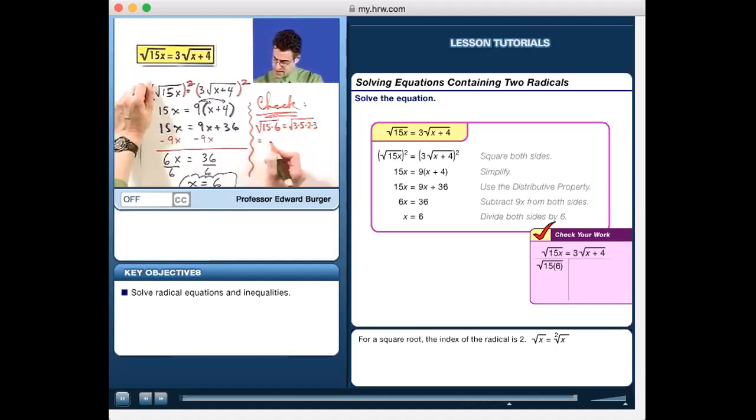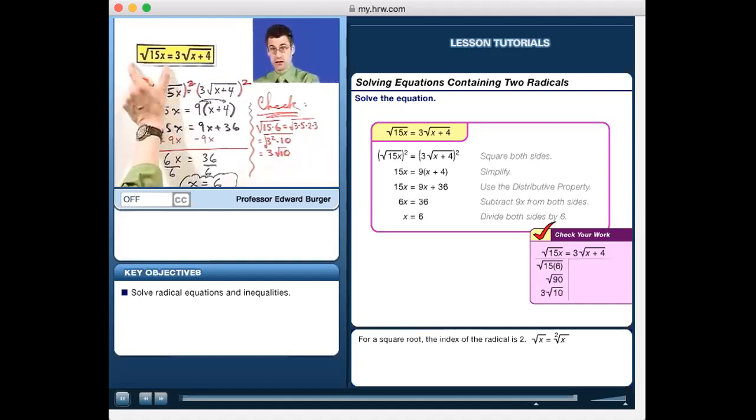So I can write this as, well, 3 times 3 is 3 squared. So I have 3 squared times, and then this is 10. So I take the square root of 3 squared, which is just 3. So I see 3 square root of 10. So that's this side. It's a lot of work.